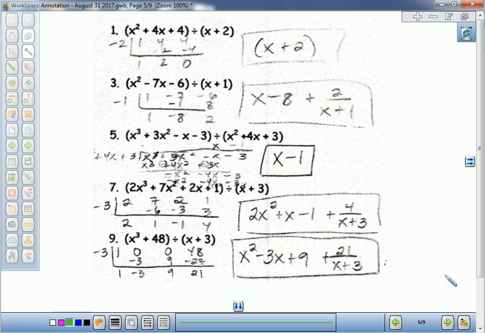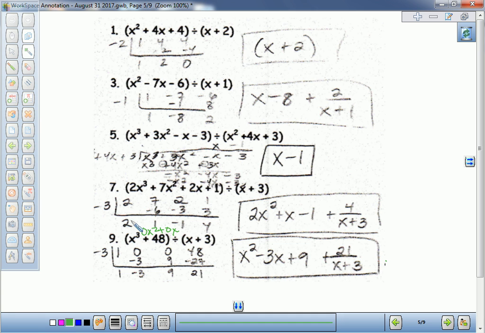So where the x squared would be, there's actually 0 x squares, and there are 0 x's. So when we do synthetic division, you must put the zeros in as placeholders for the missing degrees. Otherwise you get a wrong answer.